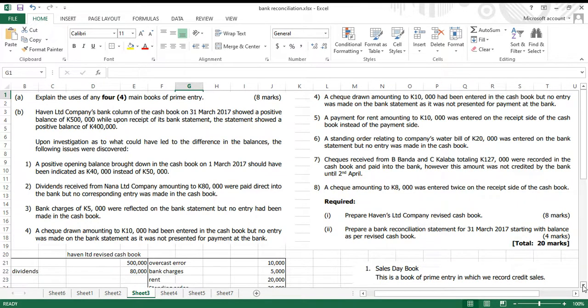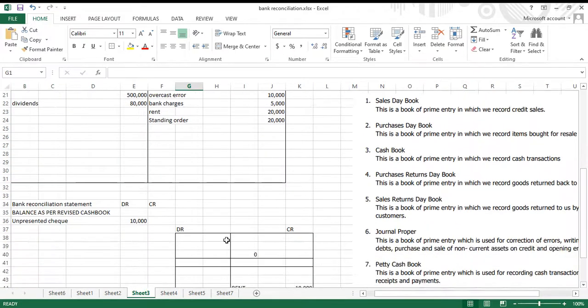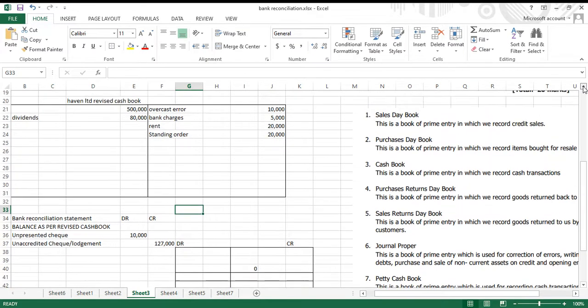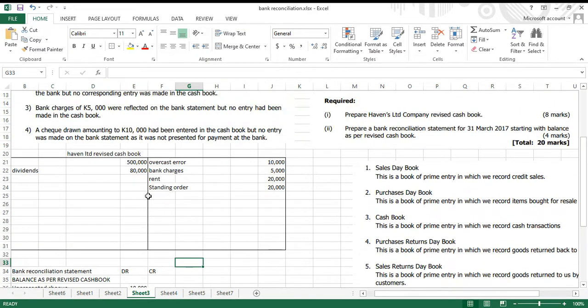So we'll go to our bank reconciliation statement and say unaccredited check or lodgement, we're going to credit 127,000, because in our cash book, it is going to be on the debit side.